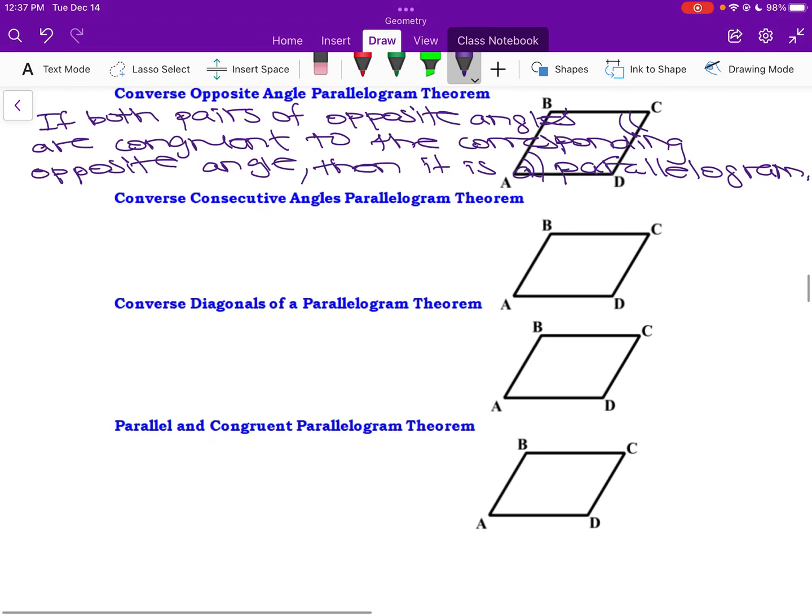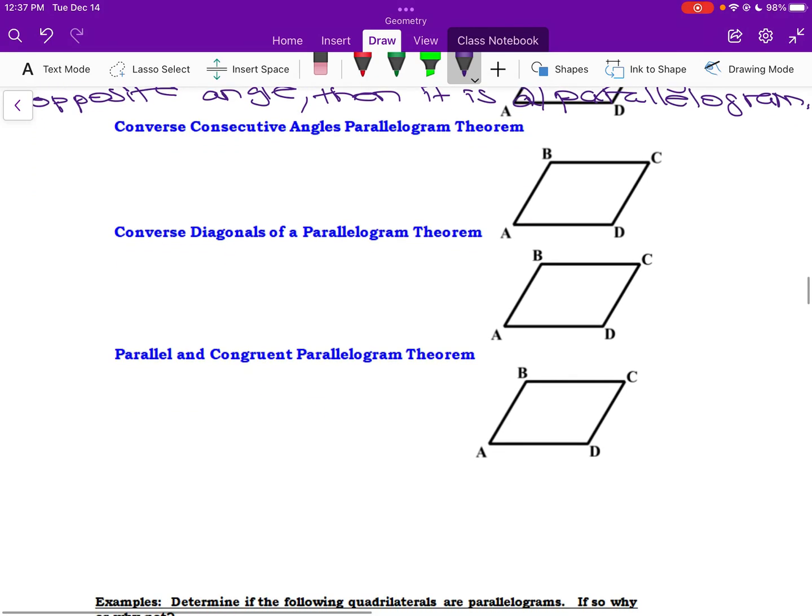Next we have the converse consecutive angles parallelogram theorem. This is basically saying if one angle of a quadrilateral is supplementary to both of the angles on its sides, then it's a parallelogram. So if I know that angle A is supplementary with B, and it's also supplementary with D, and both of those criteria have to be met, then we know it's a parallelogram. Told you there are a lot of words here today, guys.